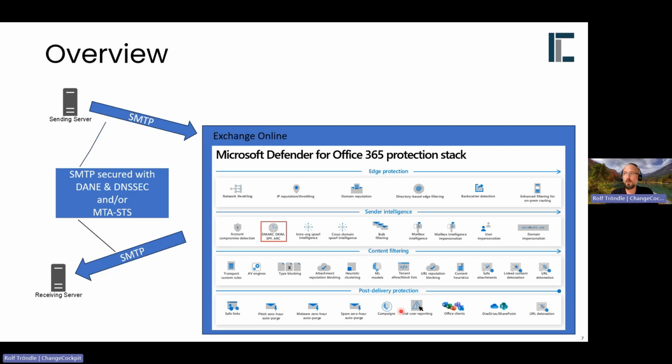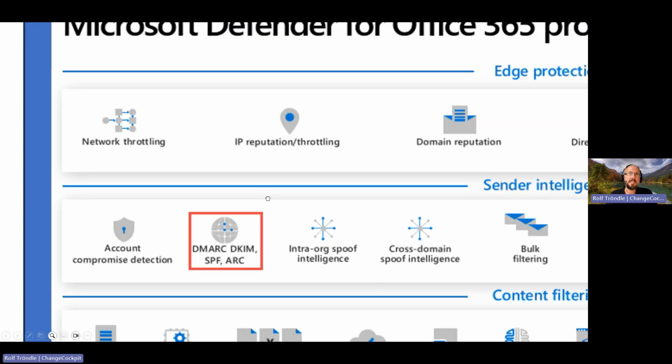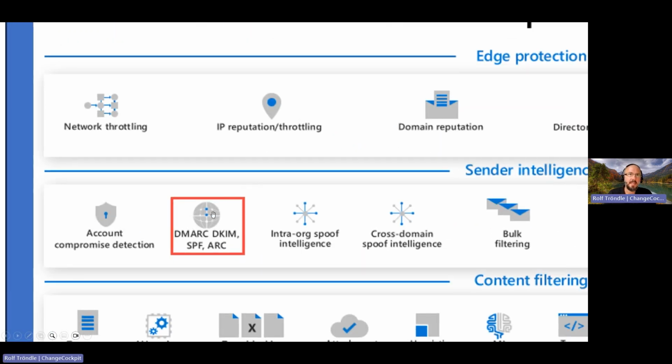Receiving servers could also be another Exchange Online system. So that's what this is about with DANE and DNSSEC: transmission of mails to and from your server or your systems, which are hopefully hosted in Exchange Online, and the validation parts like DMARC, DKIM, SPF, and ARC.